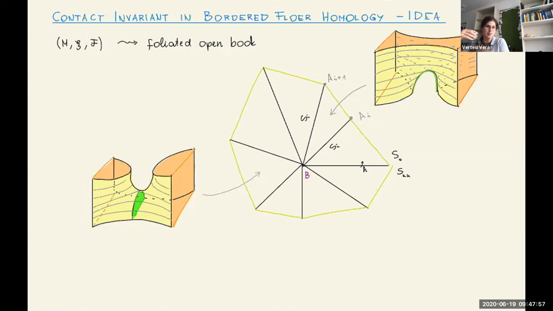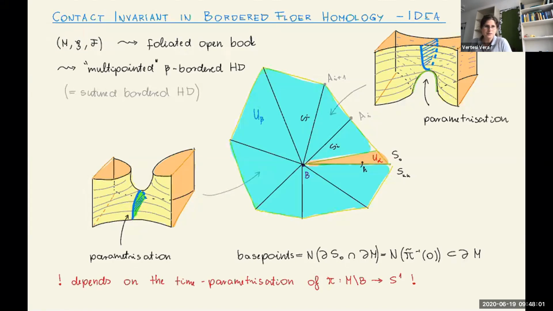You construct it in an abstract way, and then from this foliated open book, you try to define a bordered Heegaard decomposition for it. And the bordered Heegaard decomposition looks exactly how it usually does for contact invariants. It takes a tiny piece, like interval cross one of the pages, and then the rest is going to give you the whole other manifold.